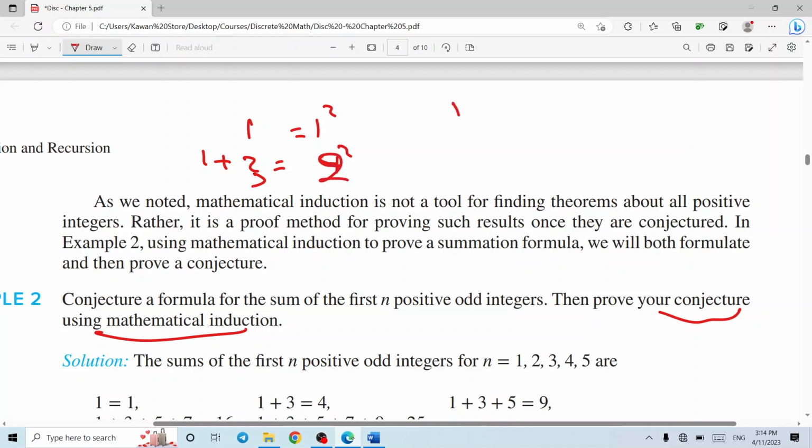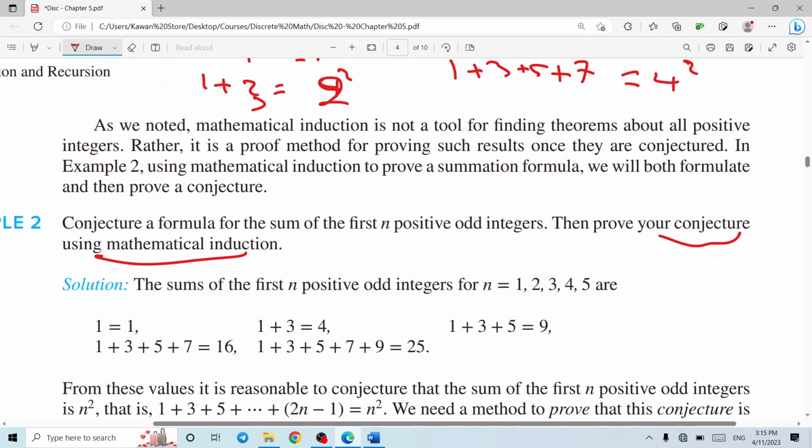If I have 1, 3, 5, I'll get 3 squared. So how many terms do you have? 3. The sum on the left side is equal to the number of terms squared. For example, 1, 3, 5, 7 is equal to 4 squared, which is 16. You understand?